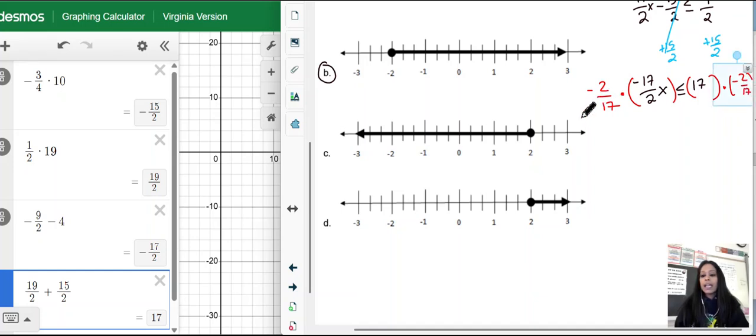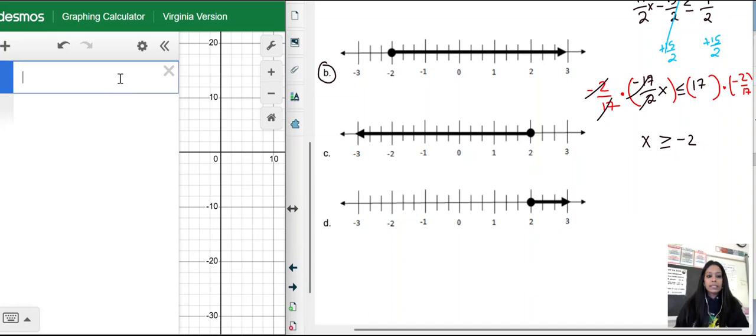Notice that I am multiplying both sides by a negative, so my sign will flip. So everything gets crossed out here. So you have x, change the sign because I multiplied by a negative, and then here this is going to be x is greater than or equal to negative 2, because 17 times negative 2 over 17 is negative 2.